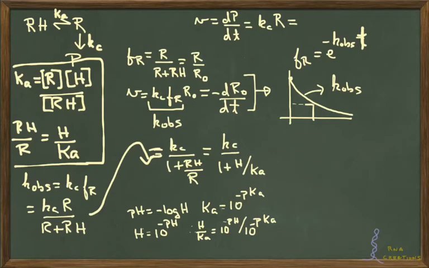And if they have a common base, when you divide, then you can subtract the exponents. And so that's just equal to 10 to the minus pH minus pKa, but what's typically written this way, 10 to the pK minus pH. So in some ways, we can box this guy.